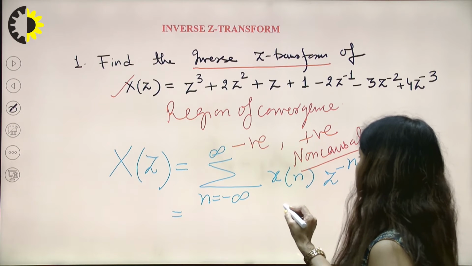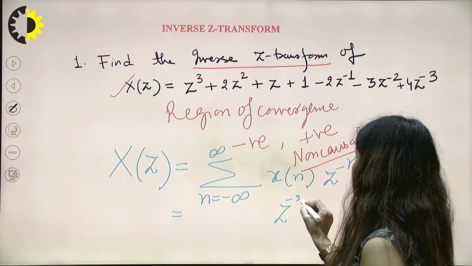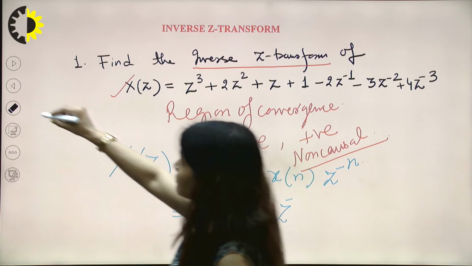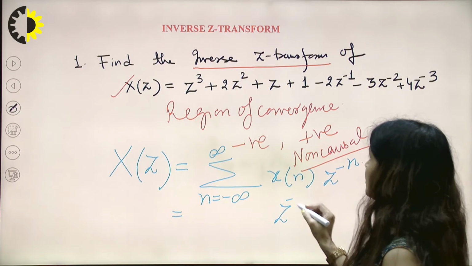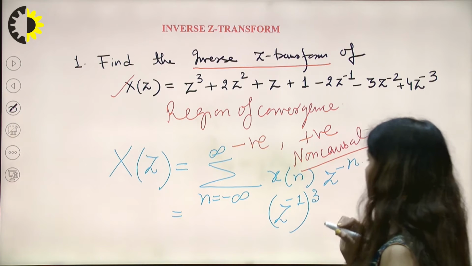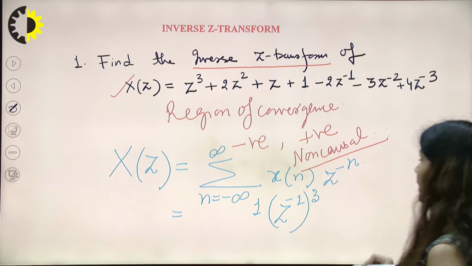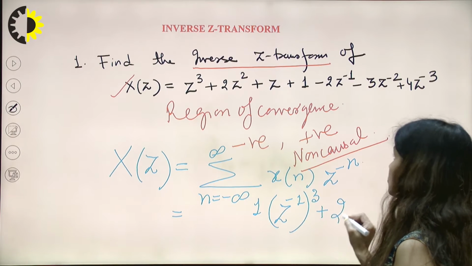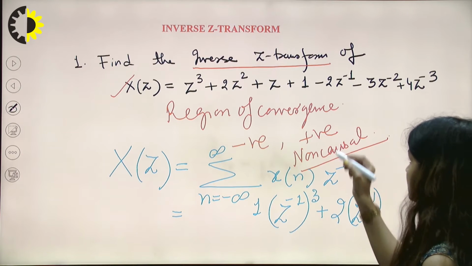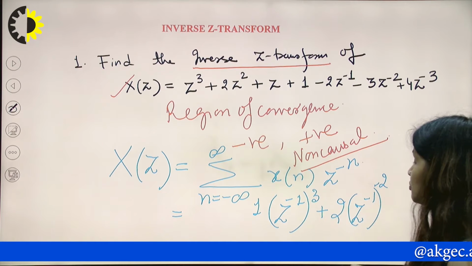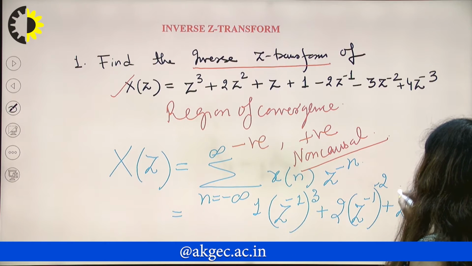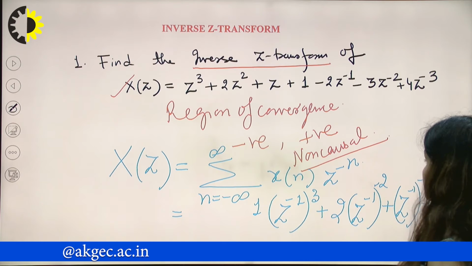So here, z to the power 3, the coefficient is 1, and similarly plus 2 z squared, and since it is a positive power, z to the power minus 1, the coefficient is 1, like this.